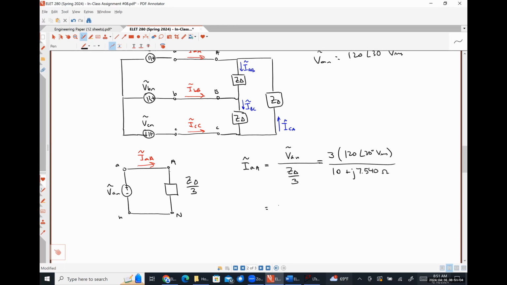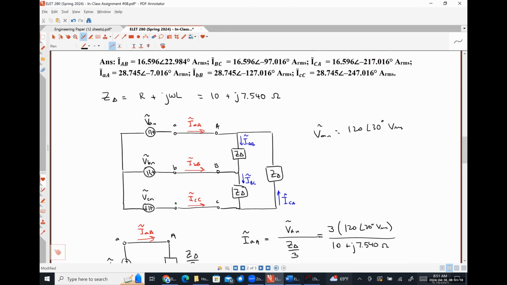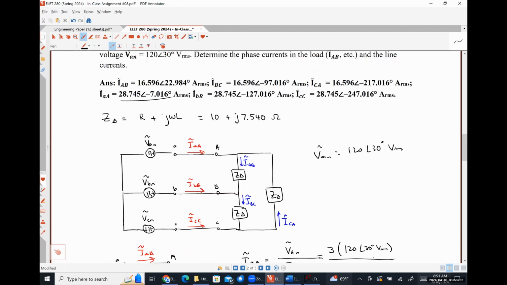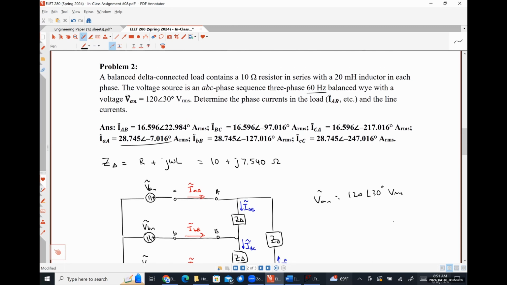And I got 1.591 with an angle of negative 4.421 degrees amps RMS. Ooh. Which definitely does not agree. Did I write something here?